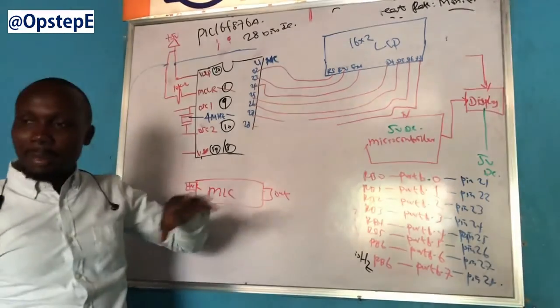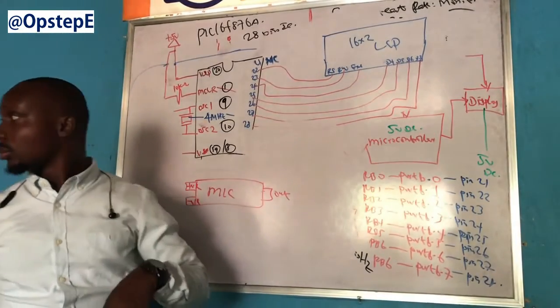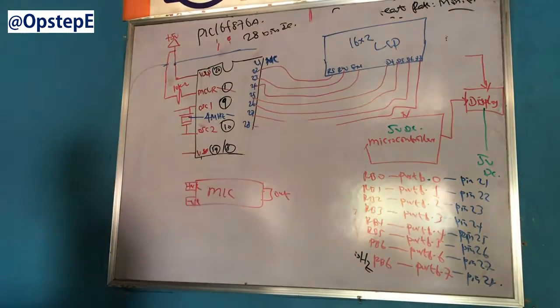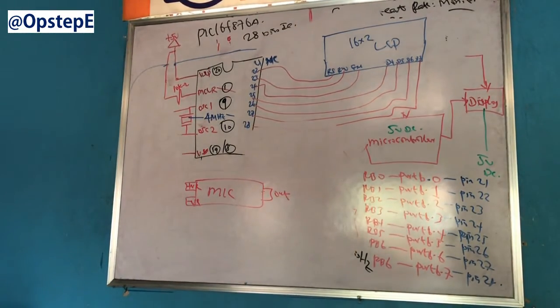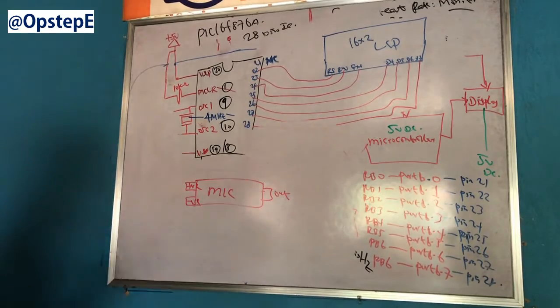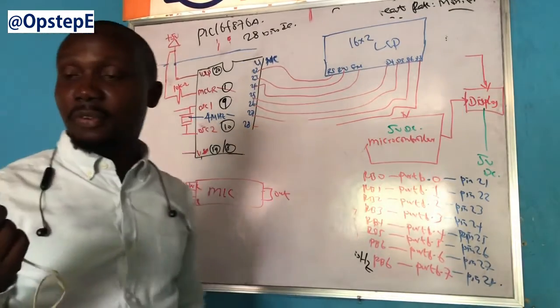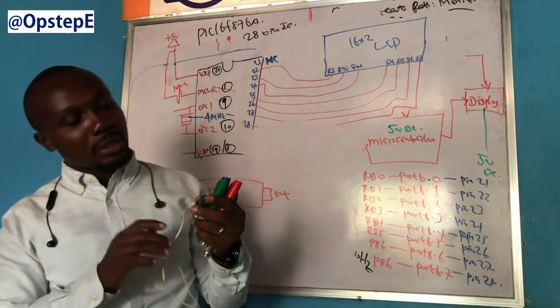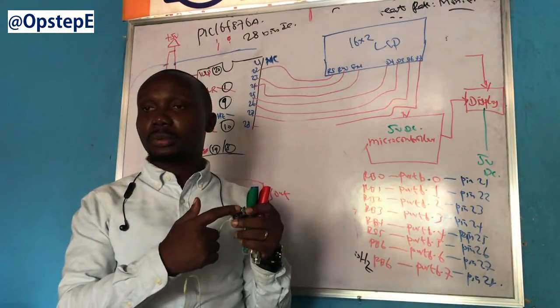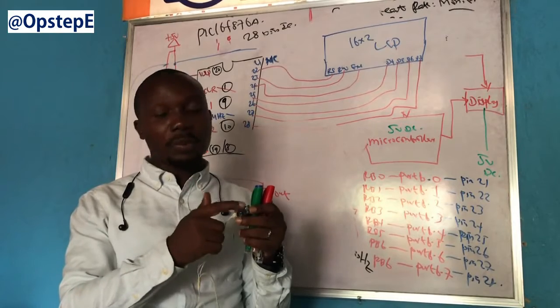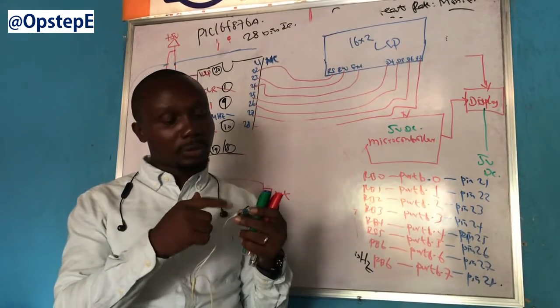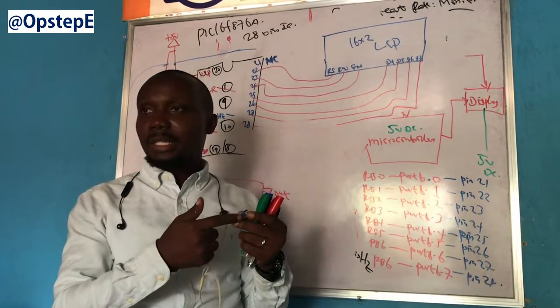It has a preamplifier already on board. So what happens is that it picks up sound or noise through this microphone, and I believe it has amplifiers on board.